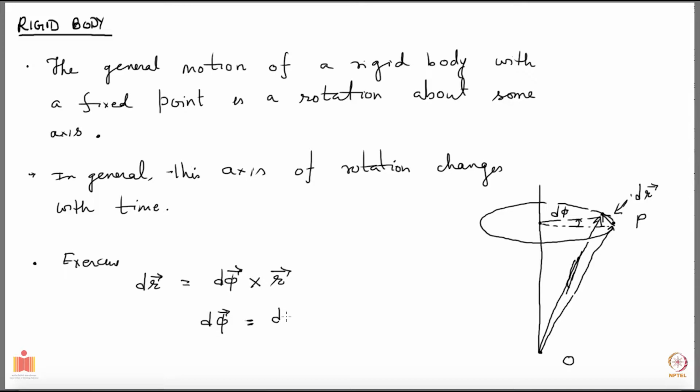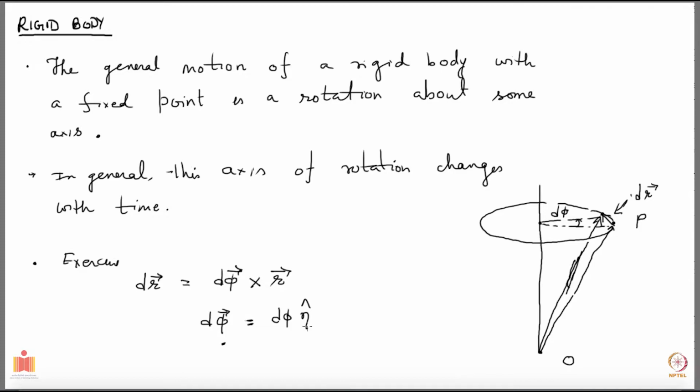So this vector has a magnitude which is equal to the angle that it has covered, d phi, and then it has a direction, and the direction is given by the right hand rule. So if your particle is going counterclockwise, then your thumb is pointing towards the axis of rotation. Okay, and that direction is the direction which is assigned to d phi.